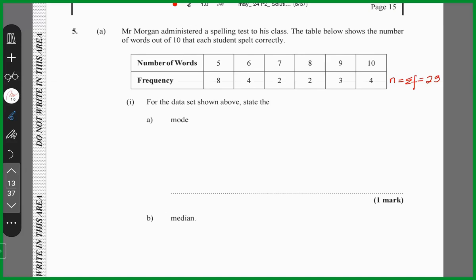The highest frequency is 8, and that corresponds to the value 5. So the mode is 5 correct words.